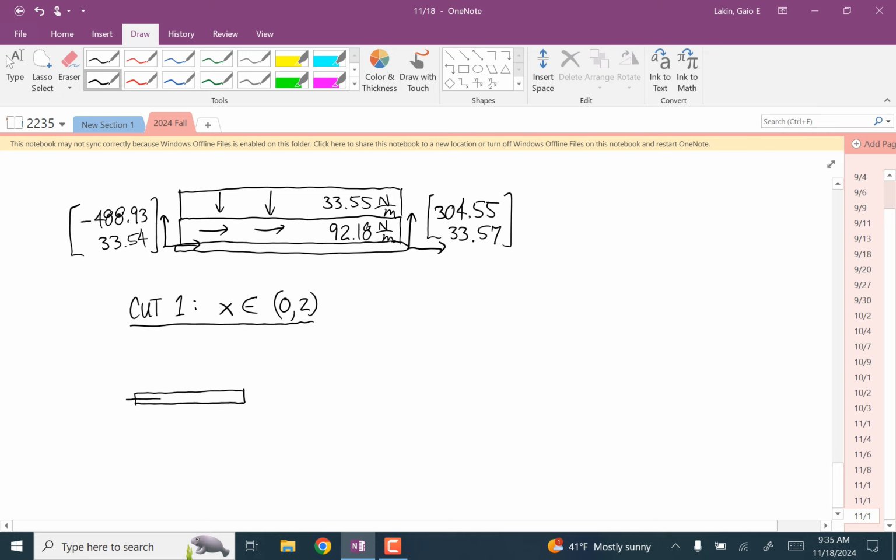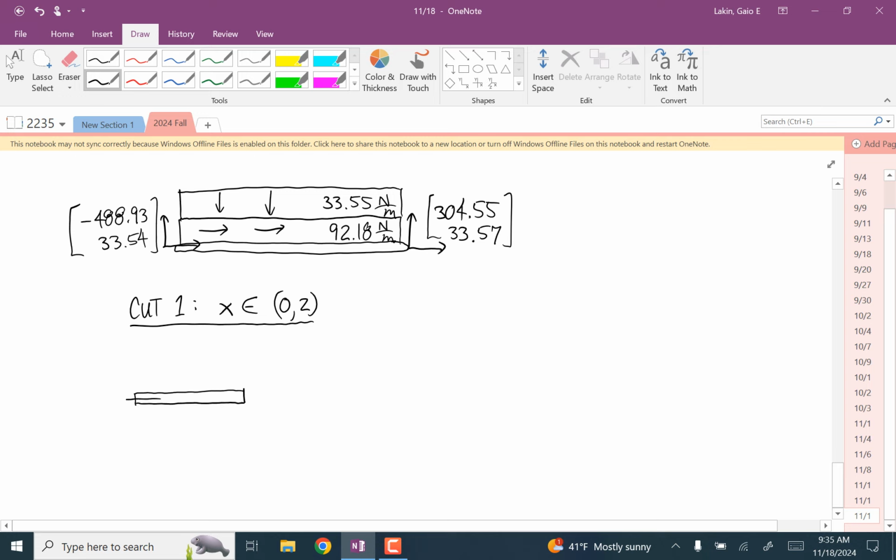Then the distributed loads: at the center, we have 92.18 times x, because this is a uniform distributed load. You can think of it as a rectangular shape. And then we have a downward one of 33.55x.